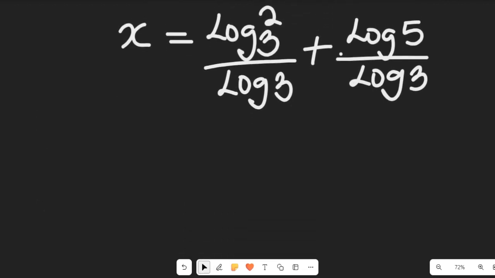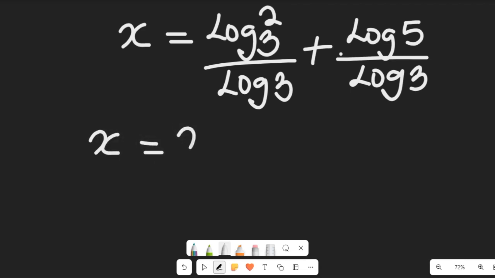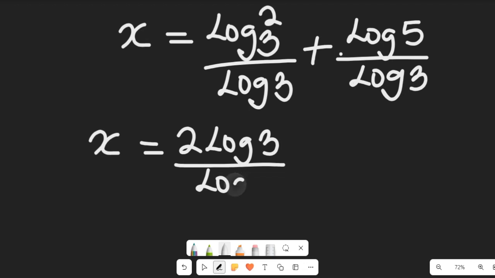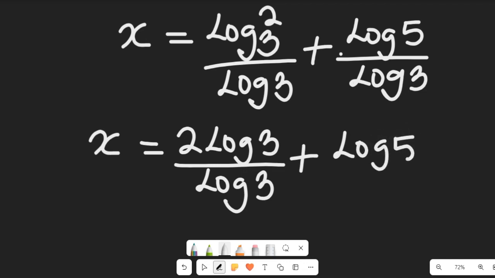So from that expression, we'll have our value of x equal to 2 log 3 divided by log of 3, plus log of 5 divided by the log of 3.